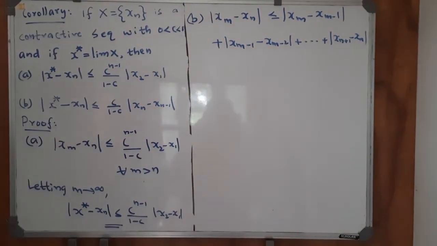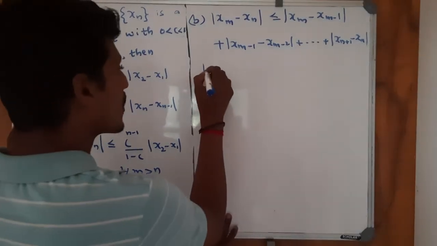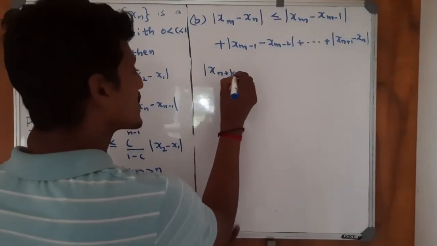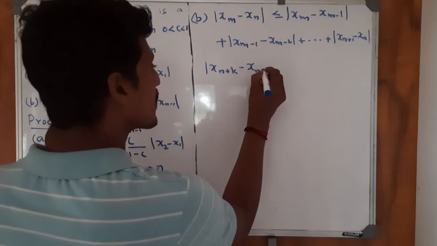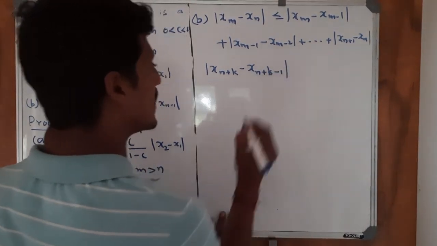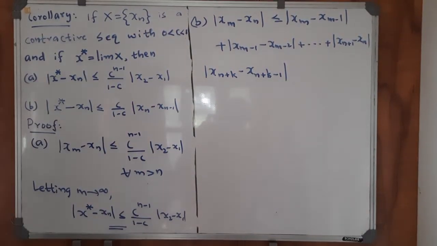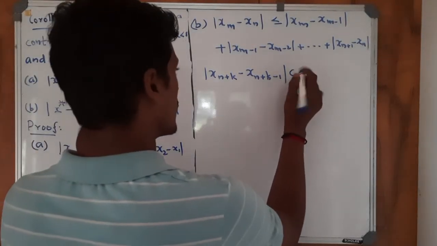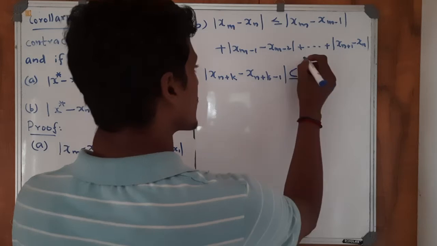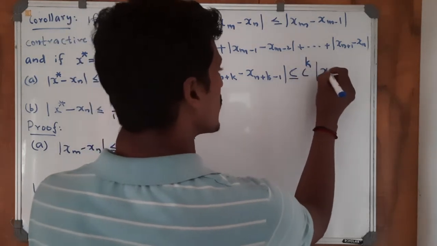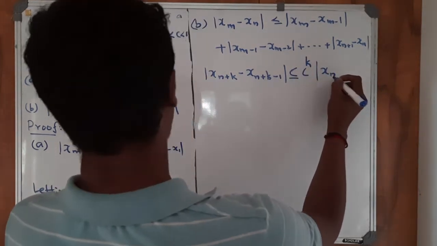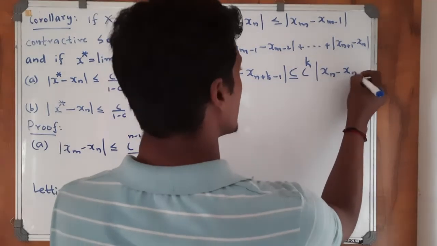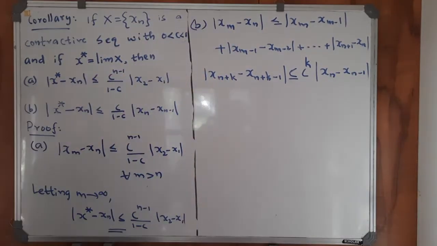So we can readily establish that modulus of xn plus k minus xn plus k minus 1 is less than or equal to c raised to k into modulus of xn minus xn minus 1.